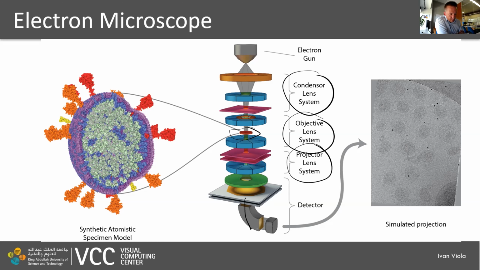The detector will then transform the electron energy into light energy, and will allow us to see this magnified specimen in the detector. And this detector has several properties. And so far, we have been looking at how, by means of differentiable approaches, we can reverse the processes which are going on in the detector.